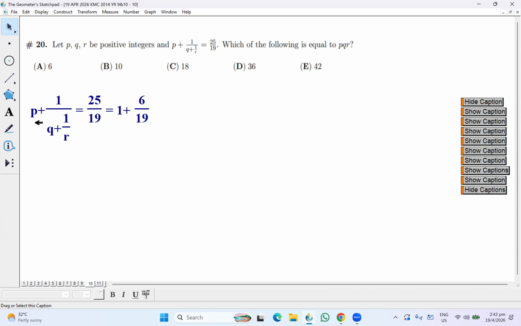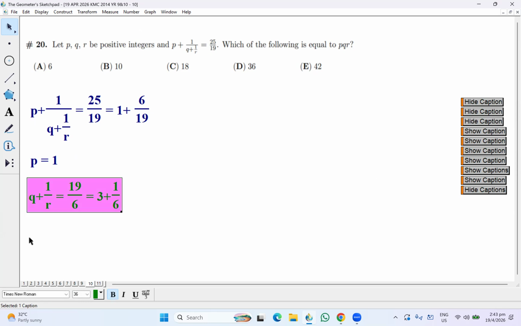So this tells us P is equal to 1. Then 1 over this equals 6 over 19. So Q plus 1 over R must be 19 over 6.